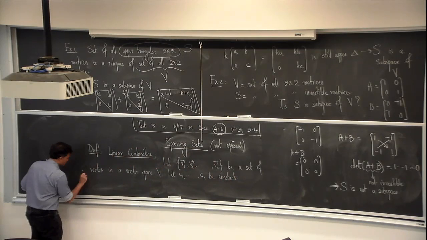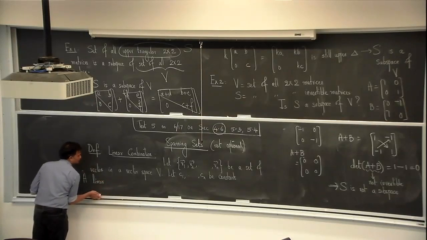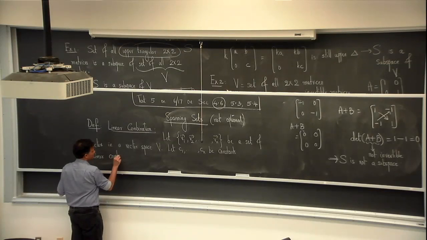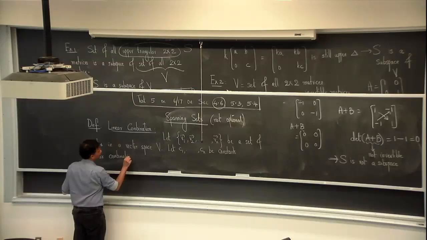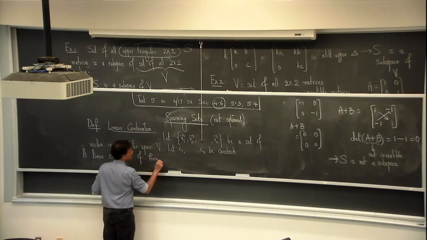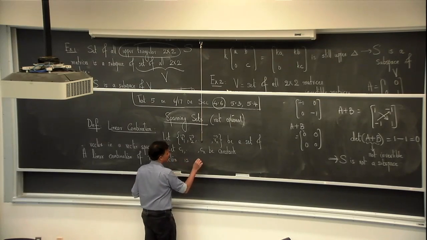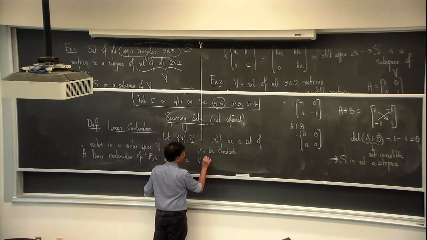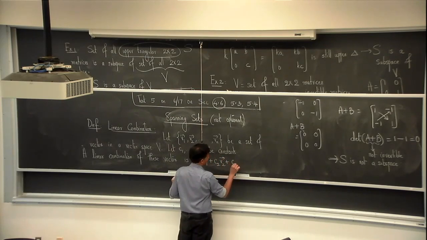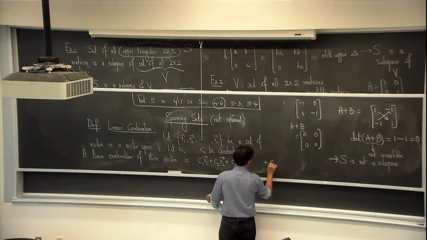Then a linear combination of these vectors is given by c1 v1 plus c2 v2 plus c3 v3 dot dot dot plus cn vn.